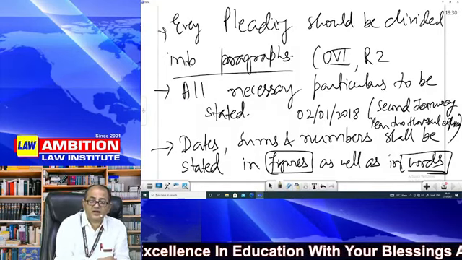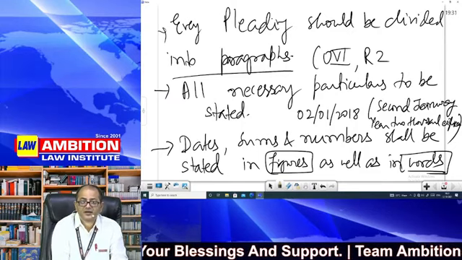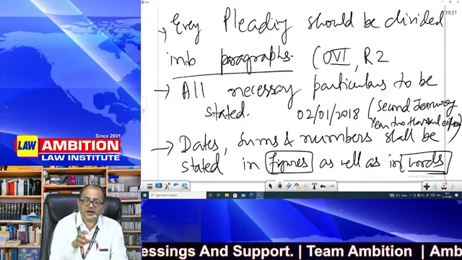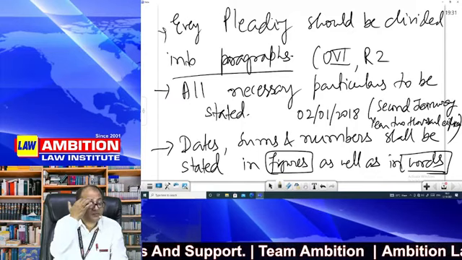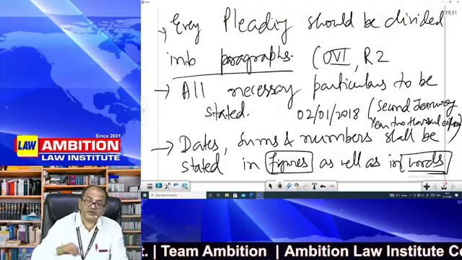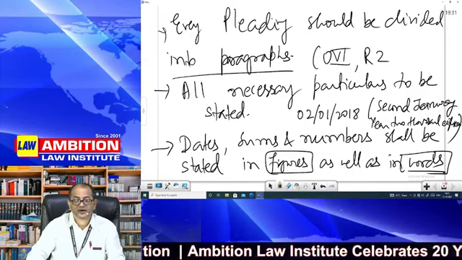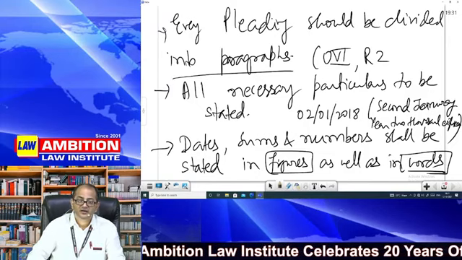So on the ground of coercion, undue influence, fraud and misrepresentation, you can seek the remedy of avoidance of contract. And on the ground of mistake, you can even seek the remedy of avoiding the contract because it is a void agreement, Section 20. Both parties to the contract are under a mistake of fact, then this is a void agreement.